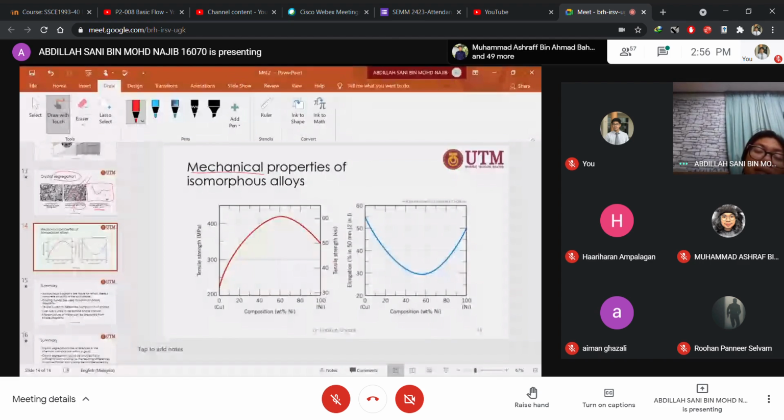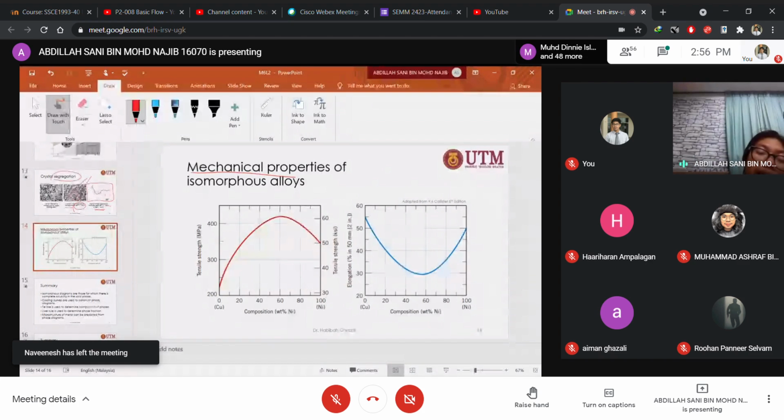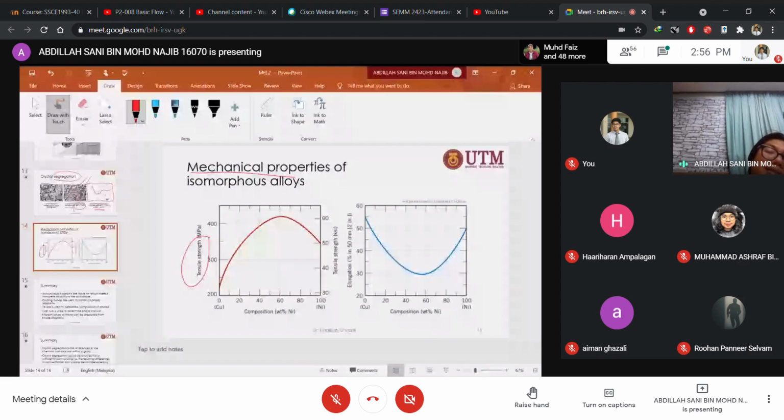This is an example of it. You see the tensile strength of the material. If we have this amount, it has the highest tensile strength.